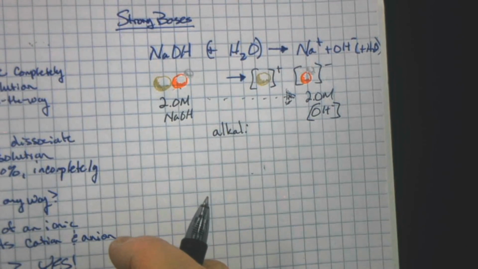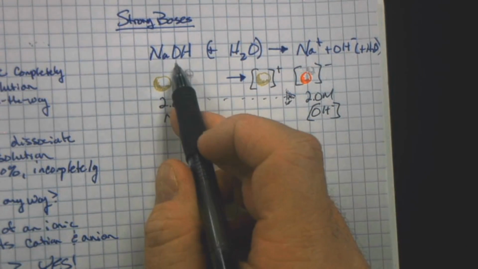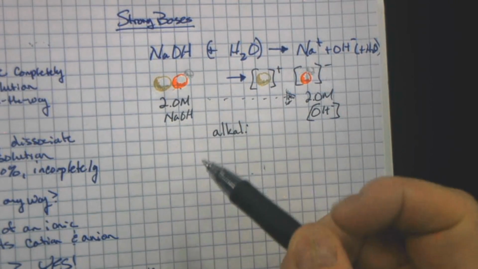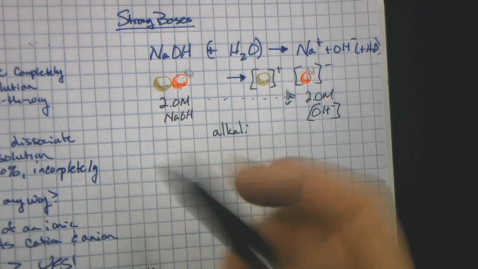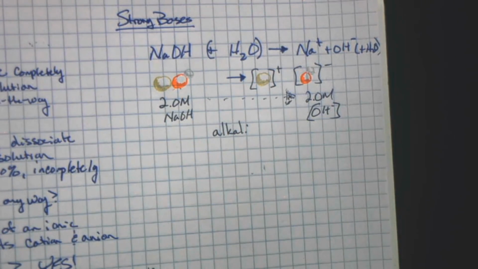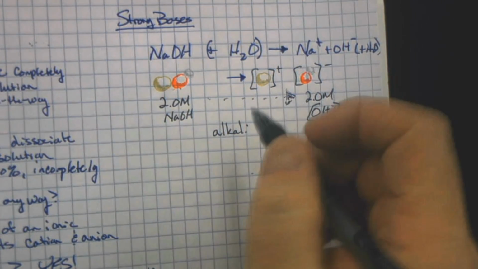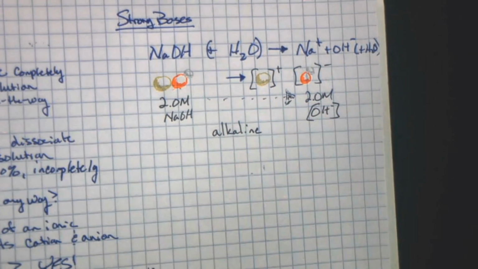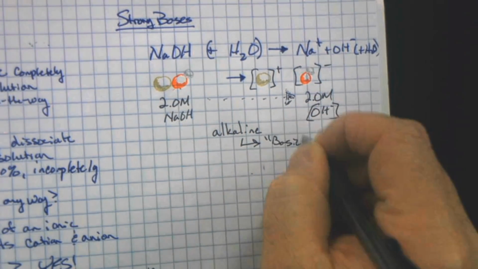Put sodium in water, it's going to make sodium hydroxide. You put lithium in water, it's going to make lithium hydroxide. You put magnesium in water, it's going to make magnesium hydroxide. They all make these bases when you put the alkali and the alkaline earth metals into water. So something that is alkali or alkaline means basic.